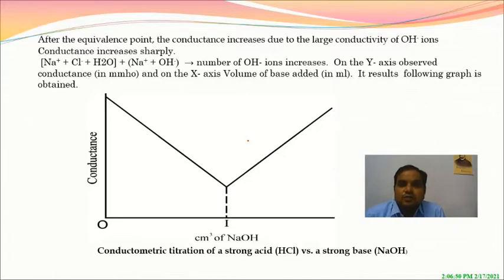With further addition of sodium hydroxide, the conductance increases because sodium hydroxide is a strong base. It consists of fast moving OH minus ions, thereby the conductance increases. When we plot the graph, a V-shaped curve is obtained. This increase in the conductance is due to the accumulation of OH minus with high ionic conductivity.